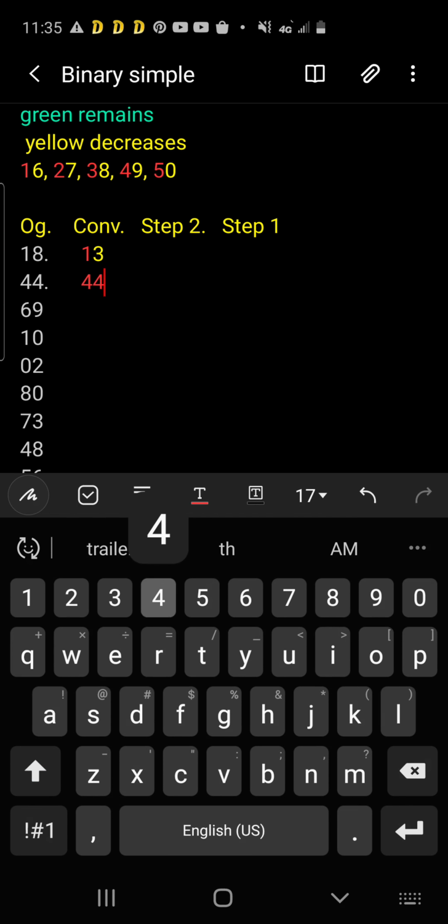And the 8 is going to be a yellow 3. And the 5 is going to be a red 5. And the 6 is going to be a yellow 1. And the 2 is going to be a red 2 and a yellow 5. Okay?